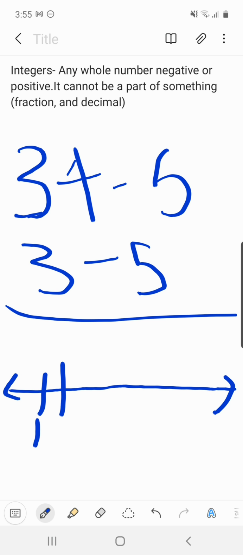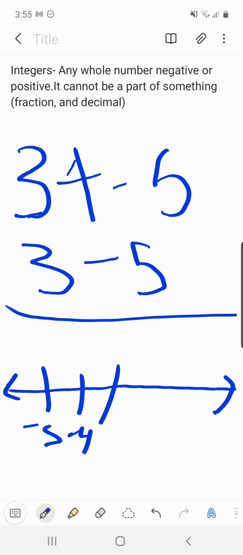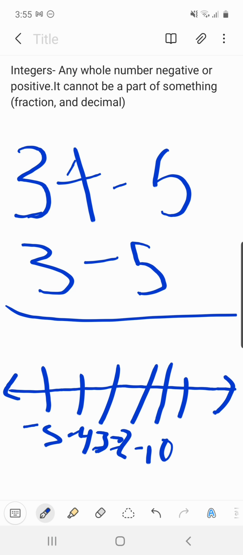I'm going to start from here: -6, -5, -4, -3, -2, -1, 0, 1, 2, and then 3, if there's more space.